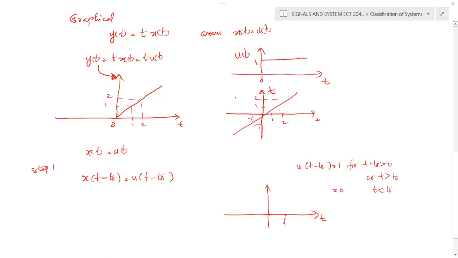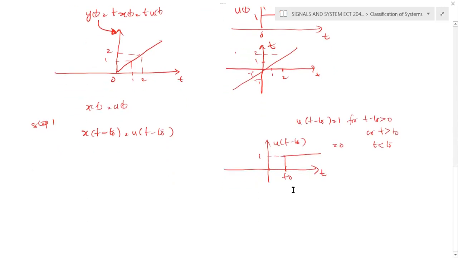So assume that this is the point t0. From t0 onwards, the signal amplitude is 1. That is u of t minus t0. Now, if you are applying the signal x of t minus t0, y1 of t can be written as t into x of t minus t0, that is t into u of t minus t0.